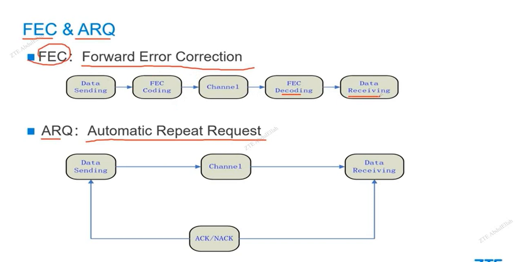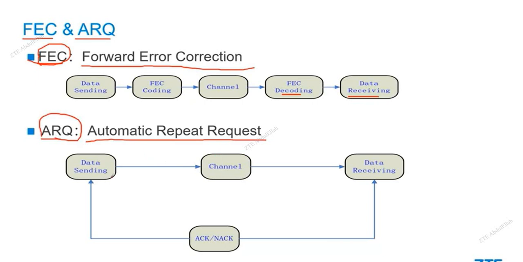But this technology has a problem, because not all errors can be corrected. If some errors cannot be corrected, maybe the receiver cannot receive this information. What about the second technology, ARQ? ARQ is automatic repeat request.